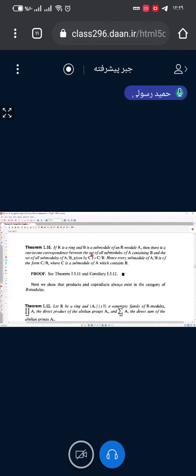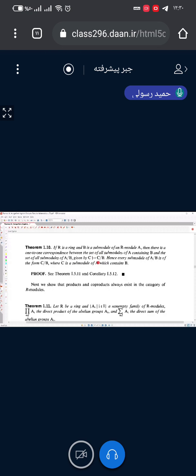Hence, every submodule of A/B is of the form C/B, where C is a submodule of A which contains B. This theorem mainly states the form of the submodules of A/B.